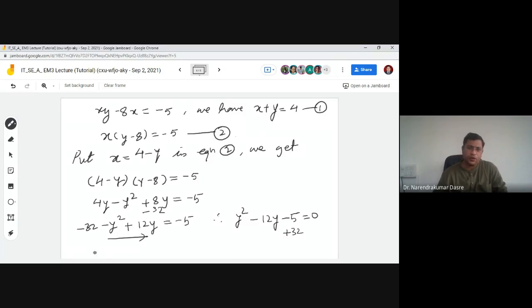Okay. Now see, what is the quadratic equation we got? y square minus 12y plus 27 is equal to 0. So can we factorize this?